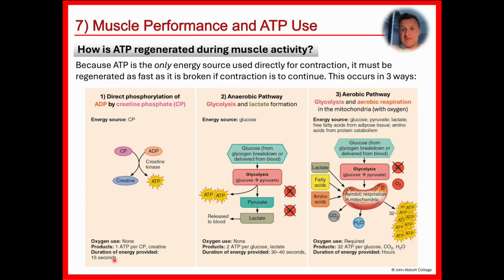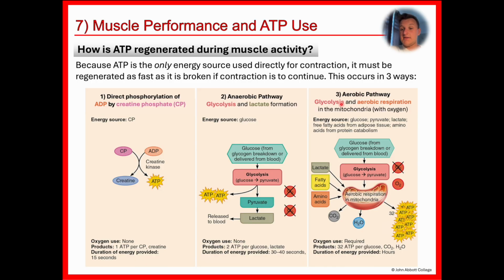That lasts 15 seconds. The other way is through the anaerobic pathway. Ana means no, aerobic means oxygen, right? So when there's no oxygen available, we're going to do the fermentation pathway of glycolysis and lactate. We'll talk about it in a bit. This is going to last about 30 to 40 seconds, okay?